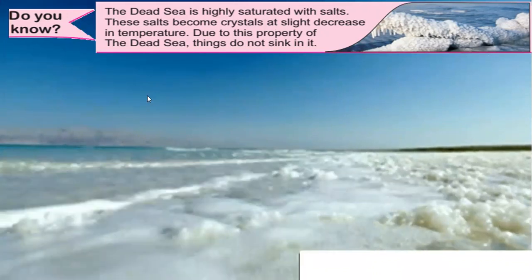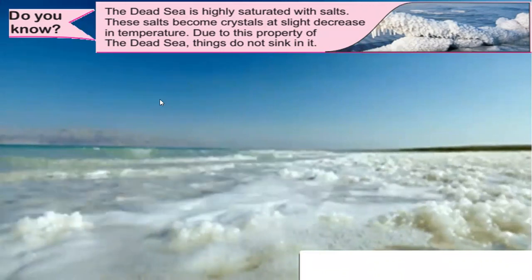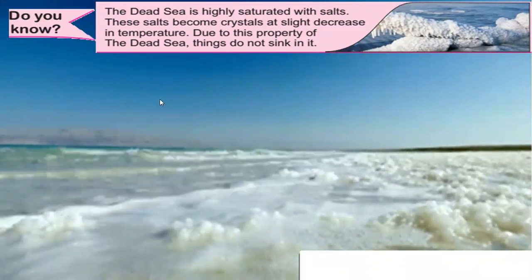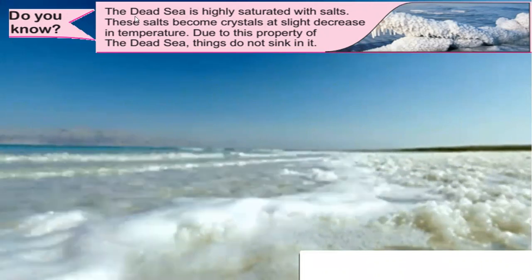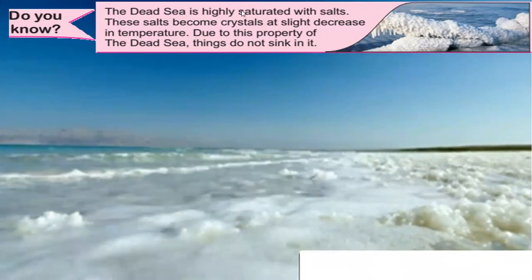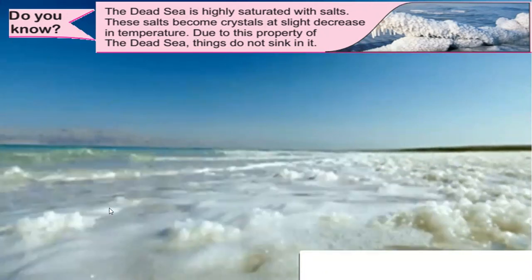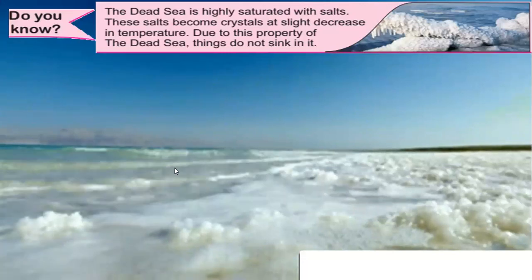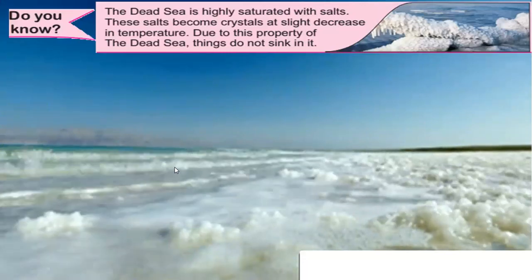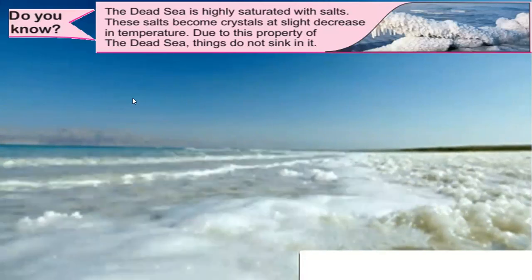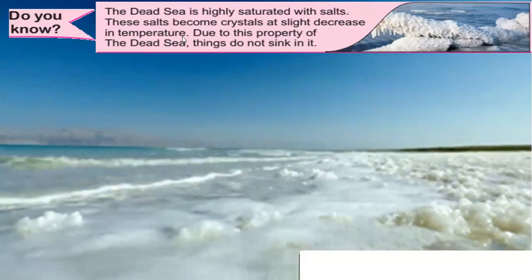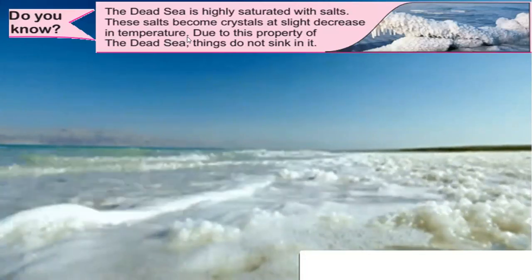Yes, that is called the Dead Sea. The name is very scary. It is highly saturated with salts, and these salts become crystals at a slight decrease in temperature, like they start to crystallize and freeze.